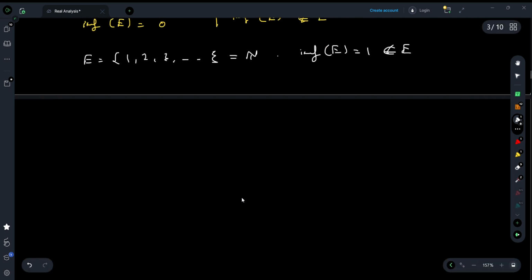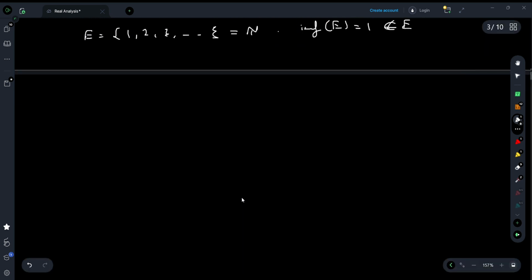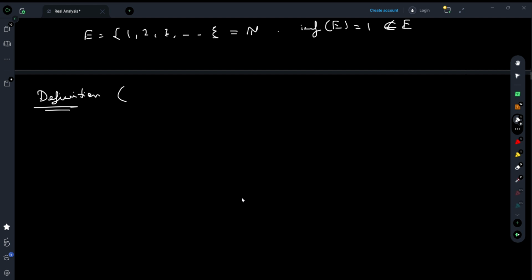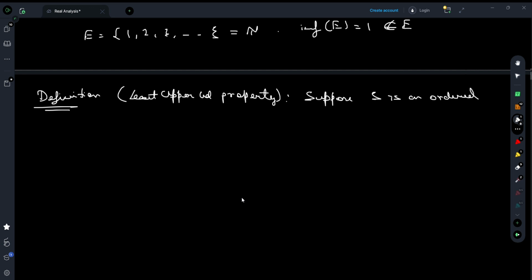Now we have this definition: the definition of the least upper bound property. Say this.